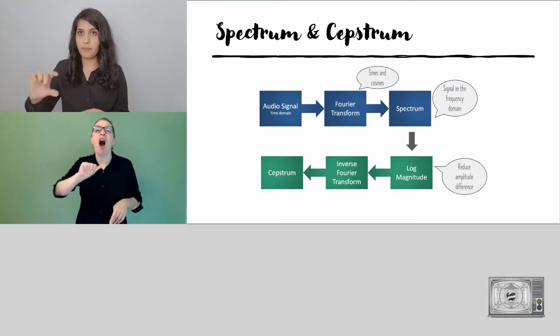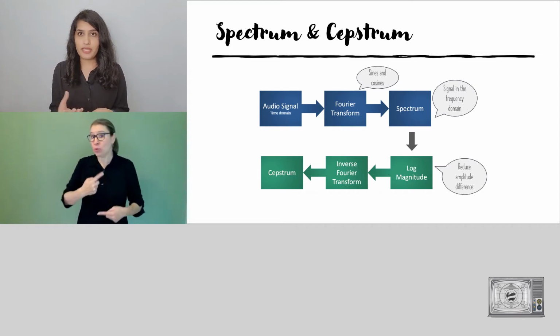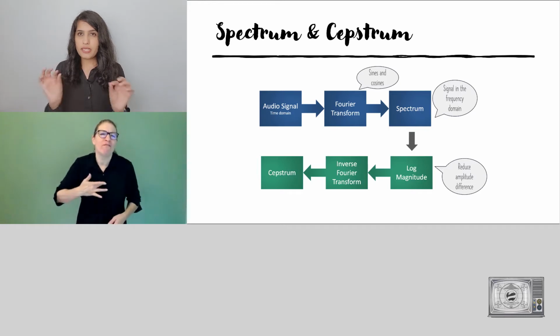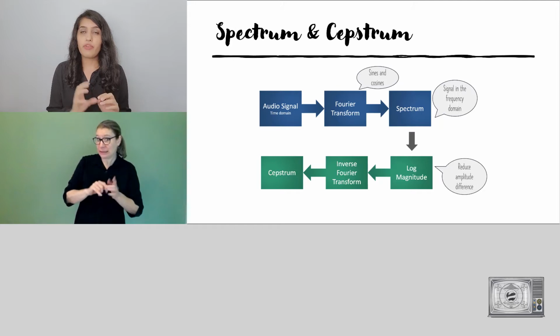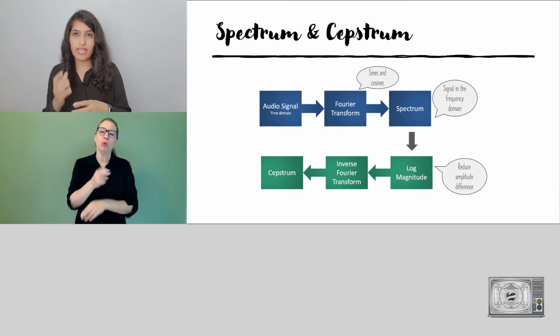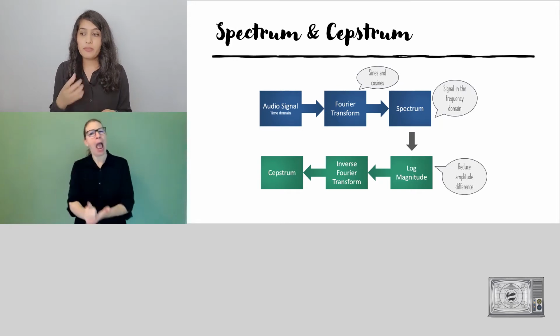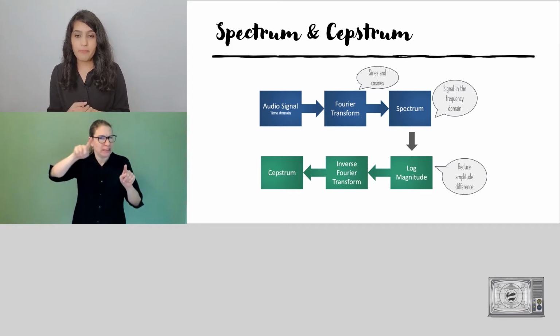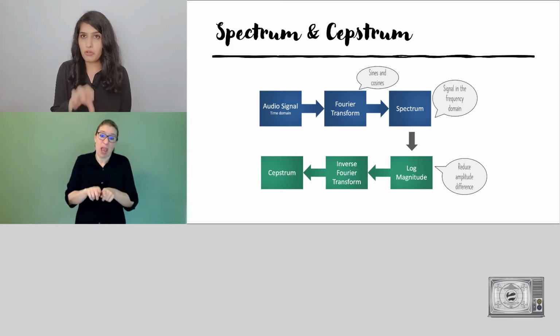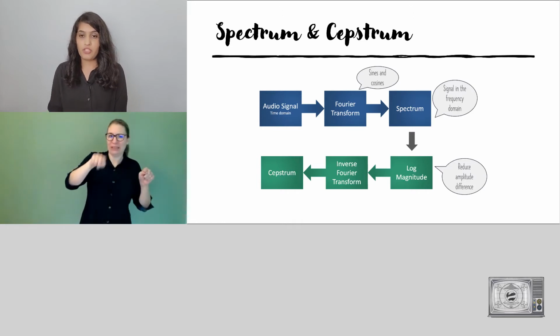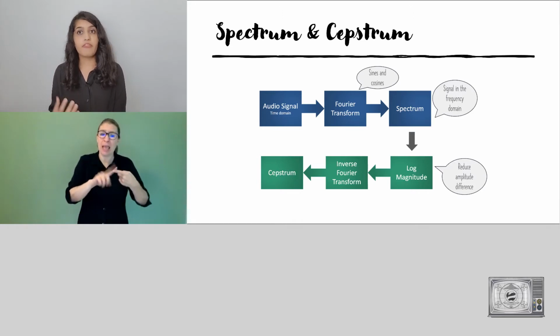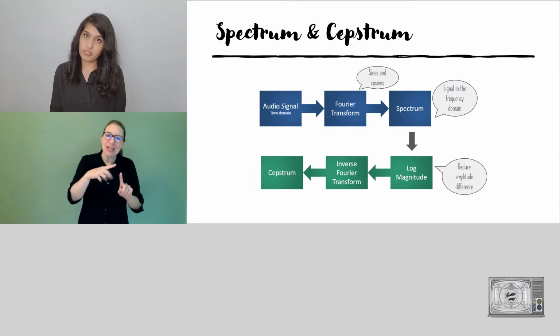When you're saying this, you may not feel it, but this signal has a frequency, and how a signal can be represented in terms of a series of sines and cosines helps us determine these frequencies, and that is essentially also called the Fourier transform. It's transforming a signal from the time domain to the frequency domain. So spectrum is essentially the signal in the frequency domain and gives us important information about the sound.